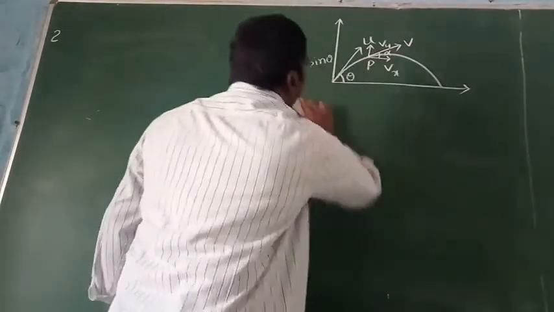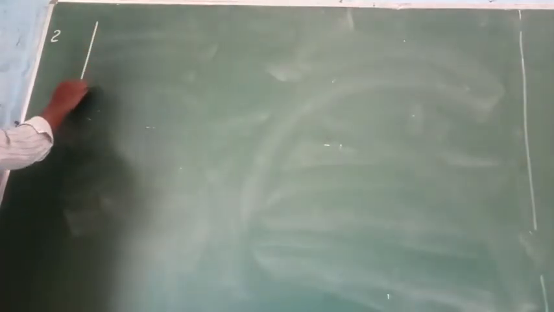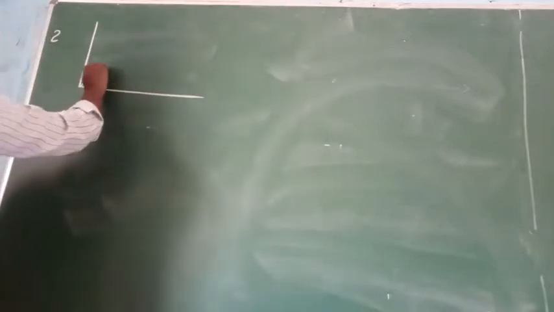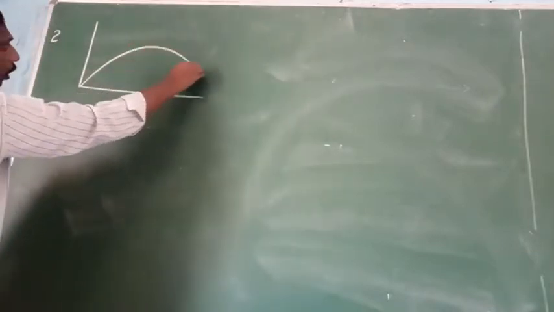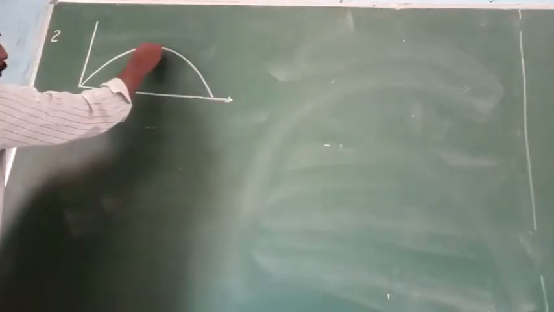Again, I am drawing the diagram. So in this condition, the body is traveling along the vertical direction. After reaching one point here, what happened?